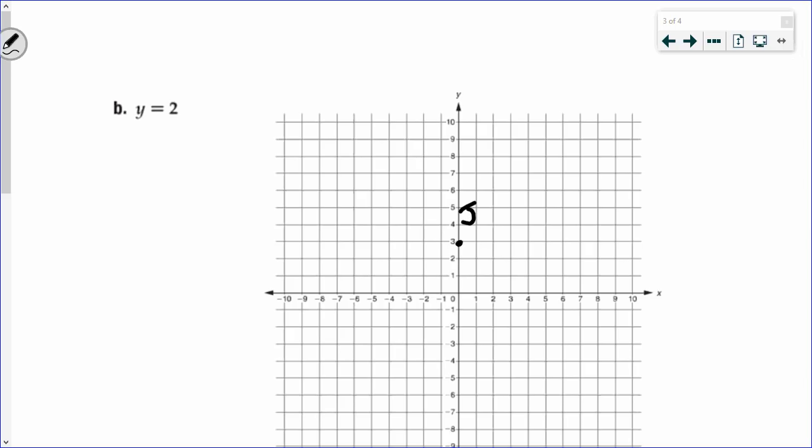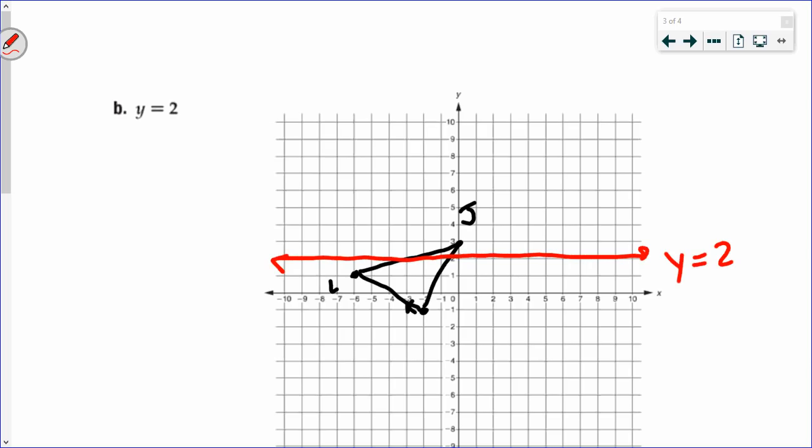K was at (-2, -1), and L was at (-6, 1), and that is point L. Triangle JKL. We want to reflect it across the line y equals 2. So again, that is the horizontal line we see here.